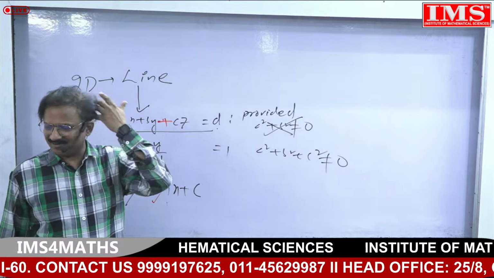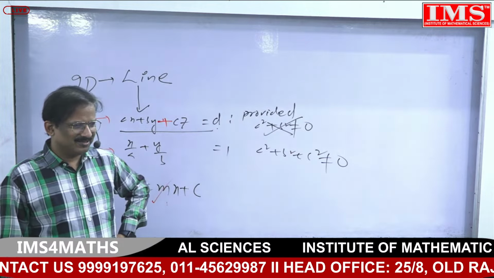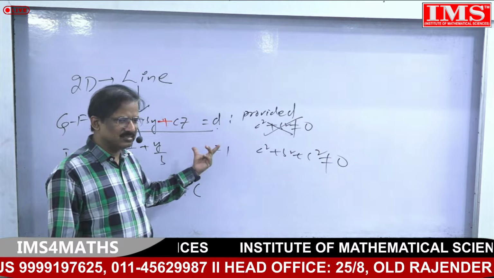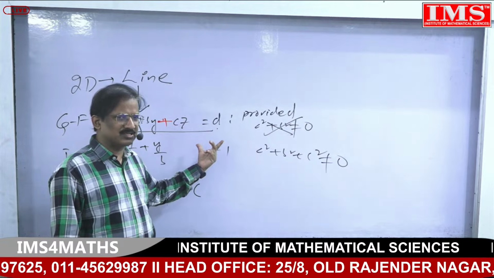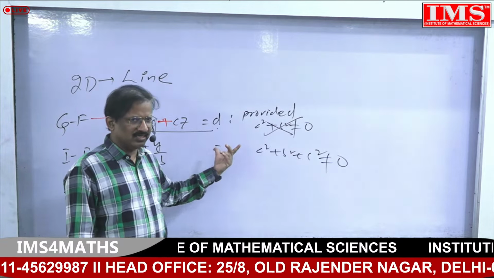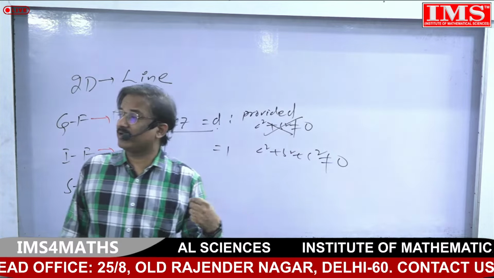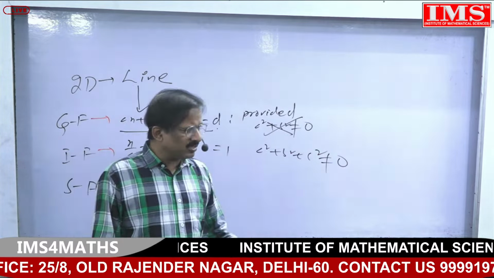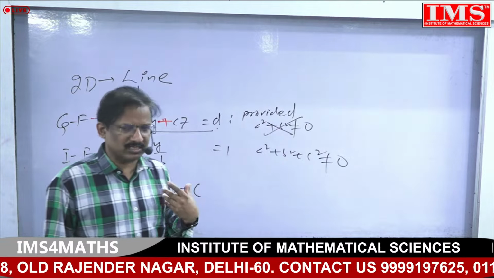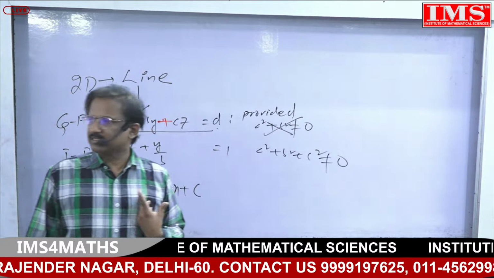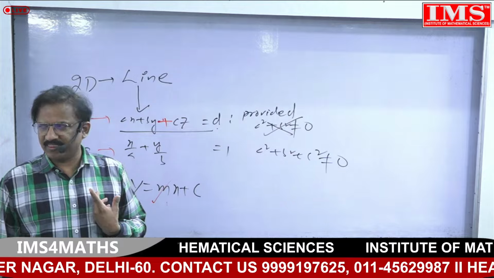To know the 3 arbitrary constants, it is enough to pass through how many points? 3 points. Or it's enough to connect with 3 conditions. But how that connection is made, I don't know. That is based upon the situation of the question.